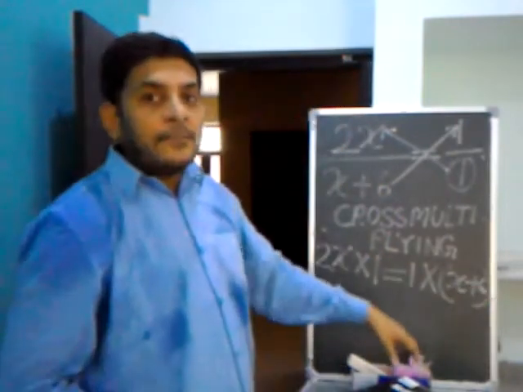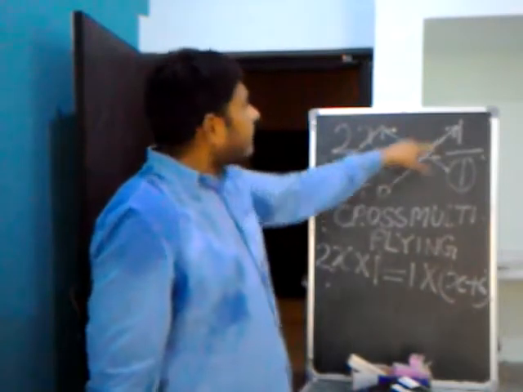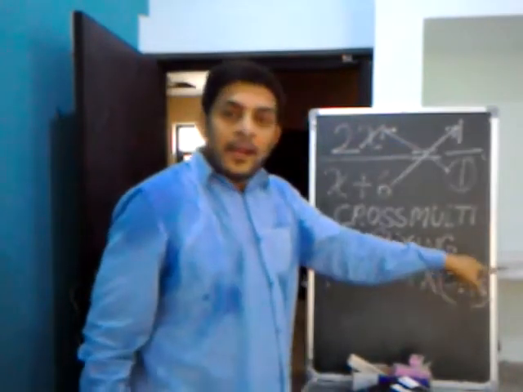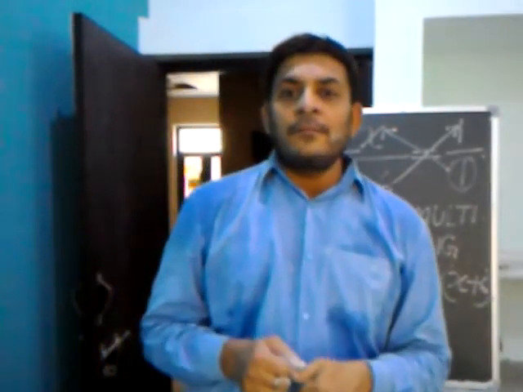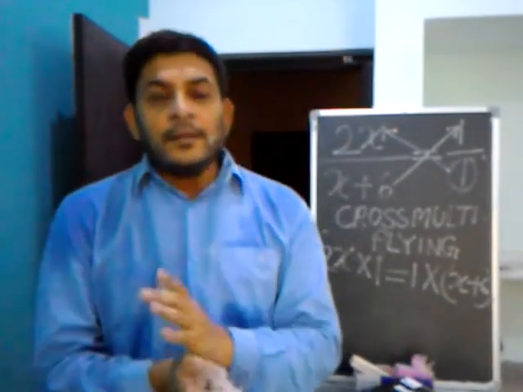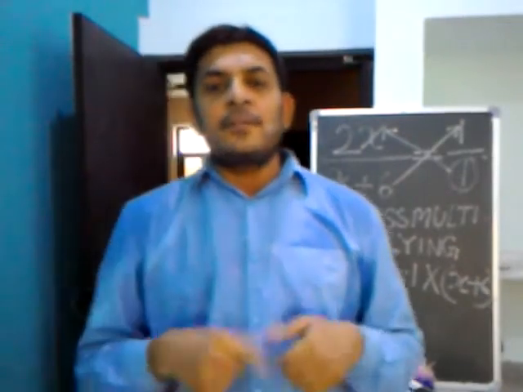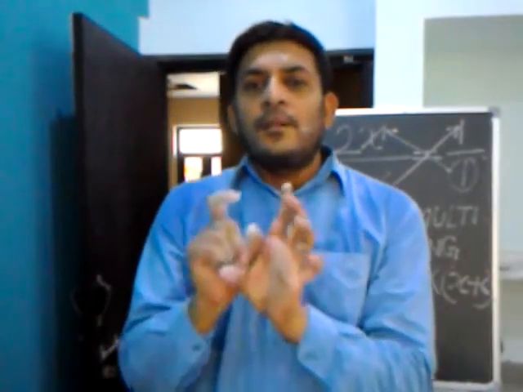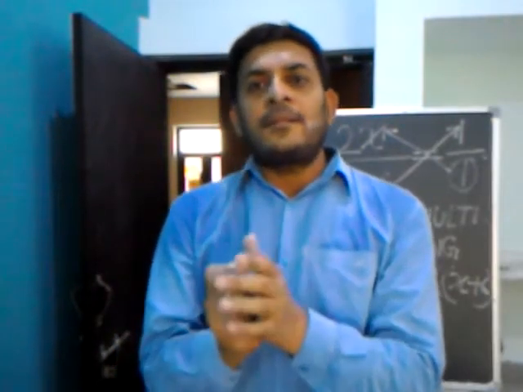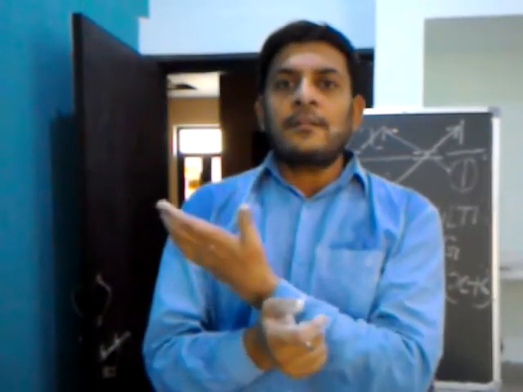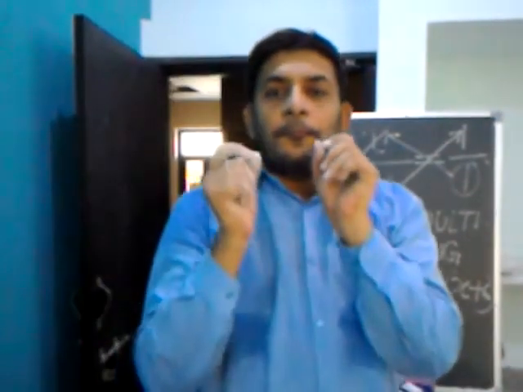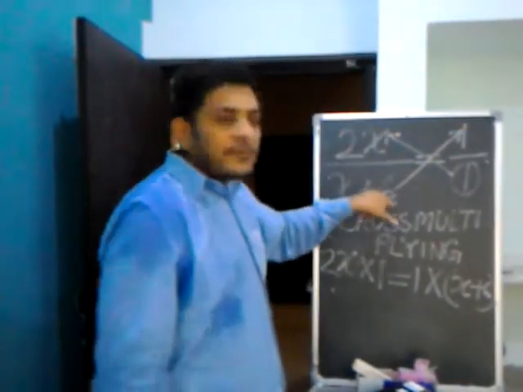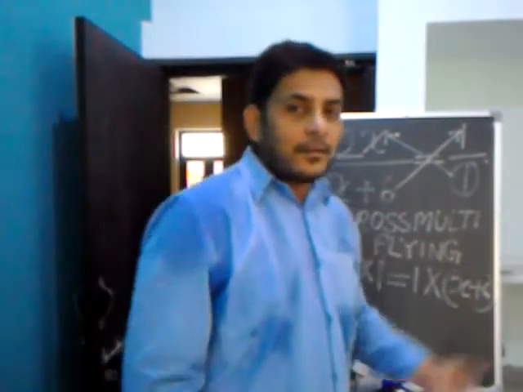Why do I use a bracket? Because all of x plus 6 is being multiplied by 1. If there is more than one term, and there is either a positive sign or a negative sign, or both, and there is more than one term, then we close that whole group in a bracket, just like we close this x plus 6 group in a bracket here.